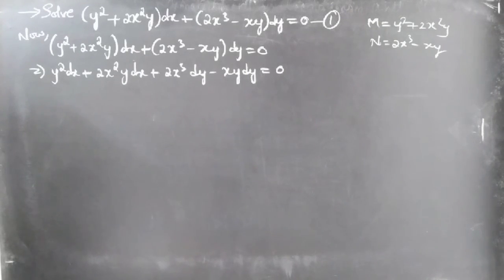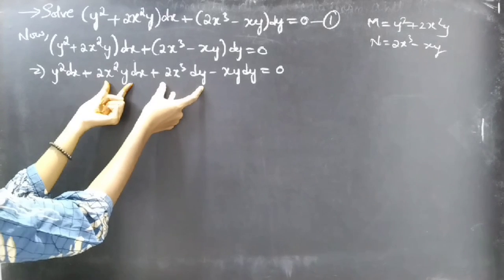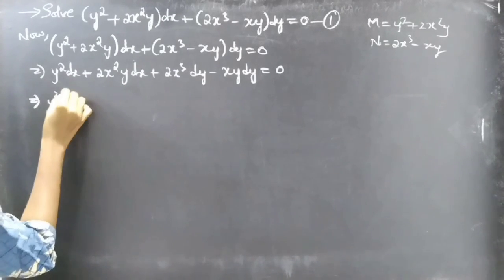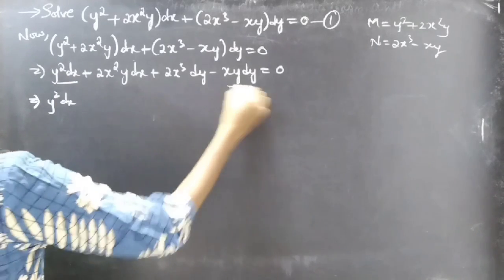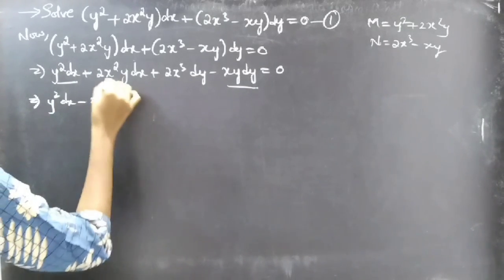Now if you notice, we can take y common from two terms and x² common from the other two terms. So I'll write the first term and the last term first, and now I'll write the remaining two terms.